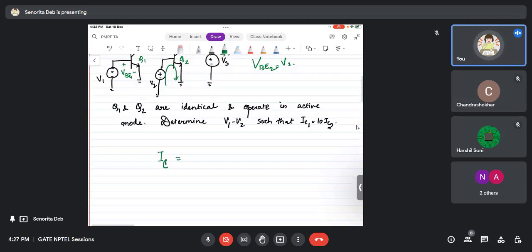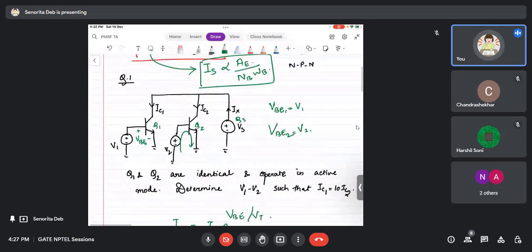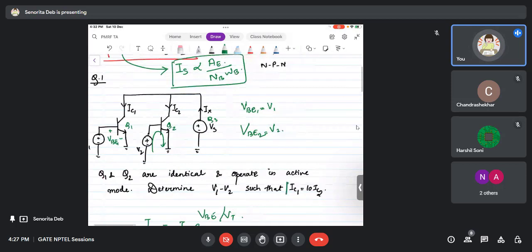Now we have seen this relation: IC equals IS e to the power VBE by VT. Therefore IC1 will be IS1 e to the power VBE1 by VT and IC2 will be IS2 e to the power VBE2 by VT. In this kind of question, silly mistakes can happen if you don't identify your transistors properly. It is given IC1 equals 10 times IC2.